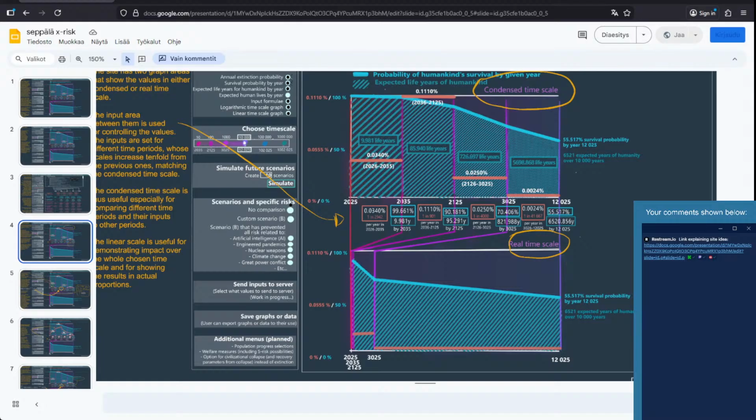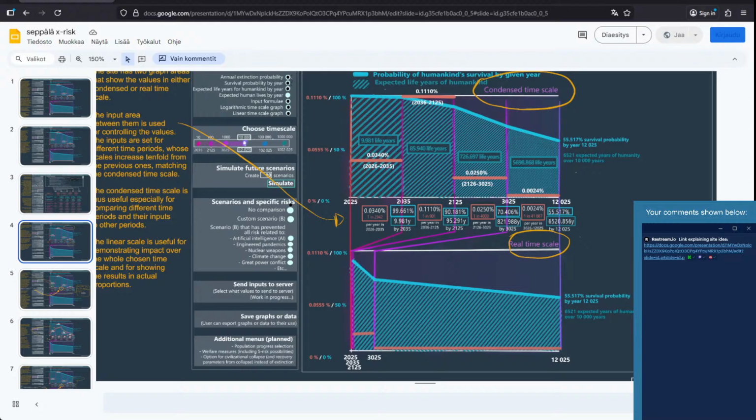So there's a lot more life lived on those, especially because these survival probabilities remain quite high. And I've done this correction below. This is why I have another graph below, to indicate the actual scale.